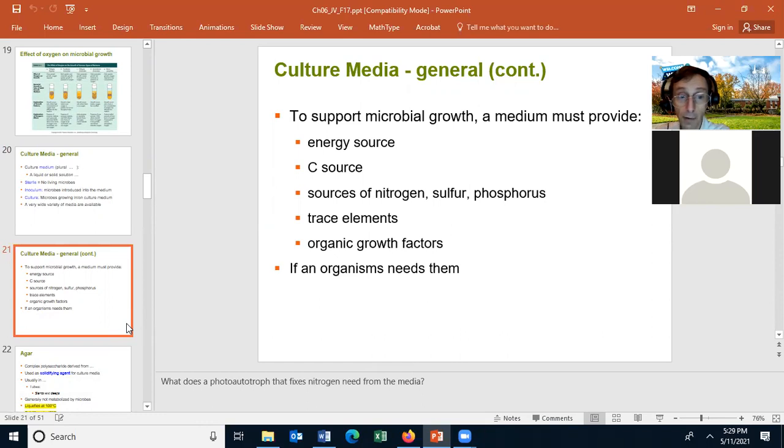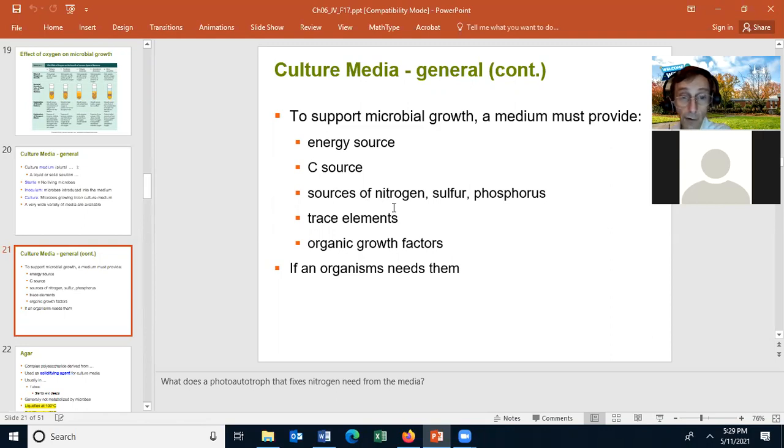For example, a photoautotroph that fixes nitrogen from the air would not need an energy source if we're giving the cells light. It wouldn't need a carbon source because it's an autotroph. You can pull carbon from the air, and it fixes nitrogen from the air, so it wouldn't need a nitrogen source.